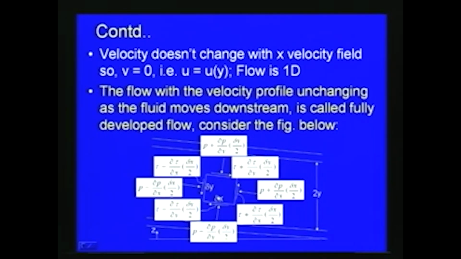Now we will consider the flow with the velocity profile unchanging as the fluid moves downstream. In this particular case, the flow is a fully developed flow, and we consider a small fluid particle of size delta x by delta y like this. What are the various forces acting on this particle, or this small volume of the fluid?